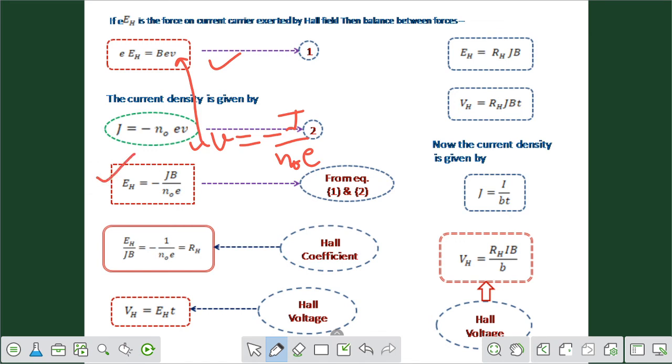If you put that V here, then you get the equation: E_H is equal to minus JB upon n_0 e.